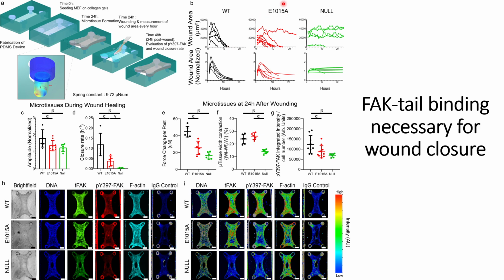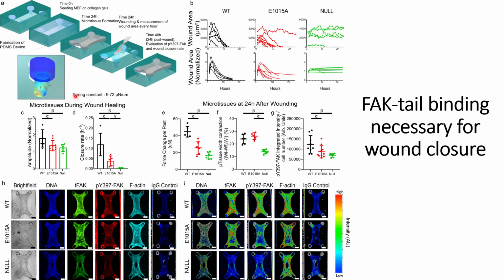But for this E1015A, where the tail is mutated, we can see that the wound closure occurs but at a slower rate, and in some conditions they do not see any wound closures, and in the null case where they do not have any FAK, they do not see any wound closures. That can be seen here.